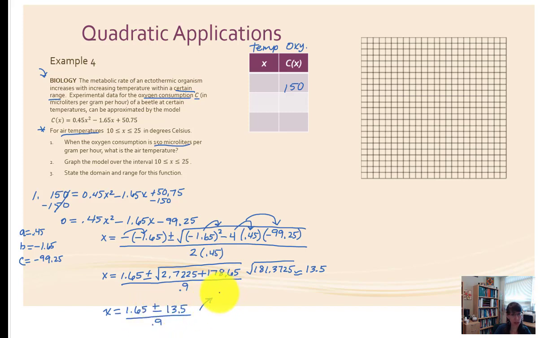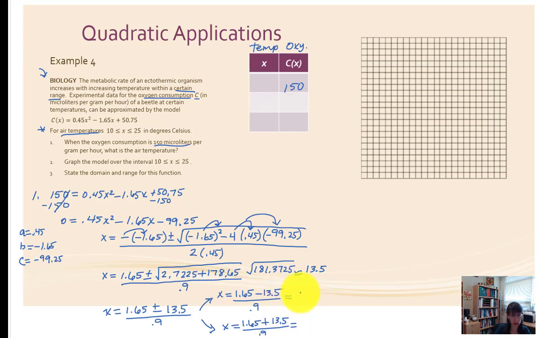One of those equations then would be x equals 1.65 minus 13.5 divided by 0.9. And then the other equation would be x equals 1.65 plus 13.5 divided by 0.9. So we're going to get two decimal values for these equations.